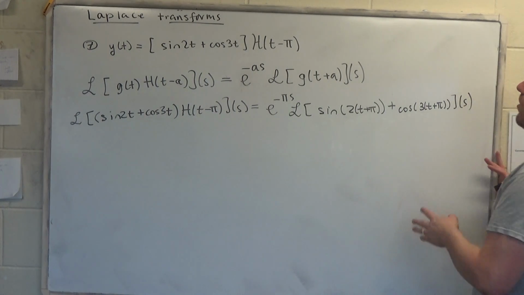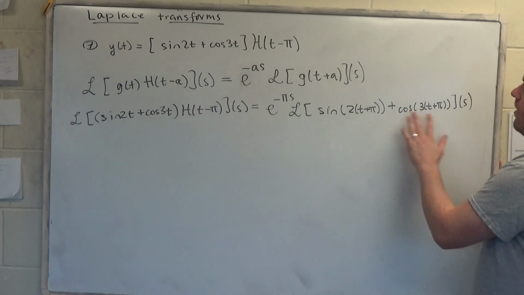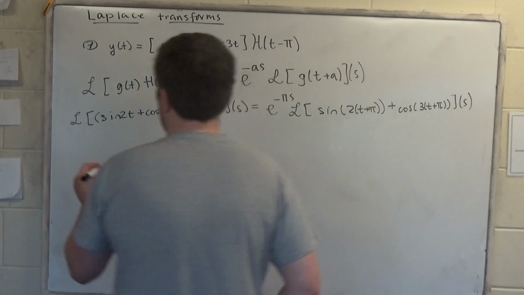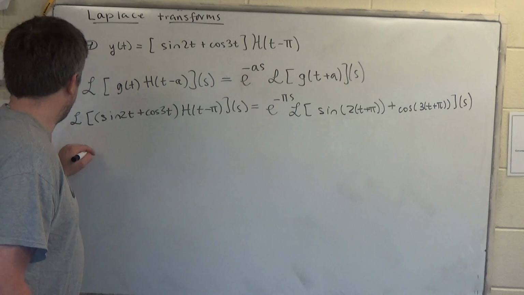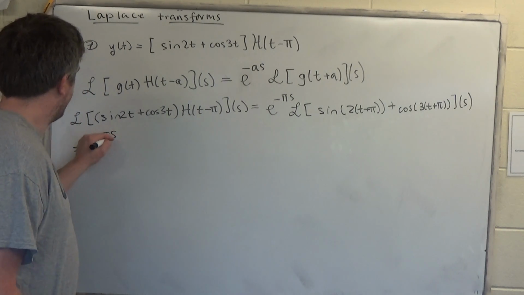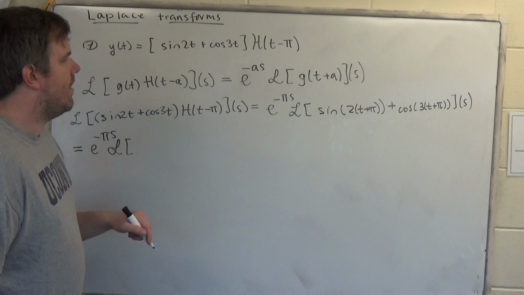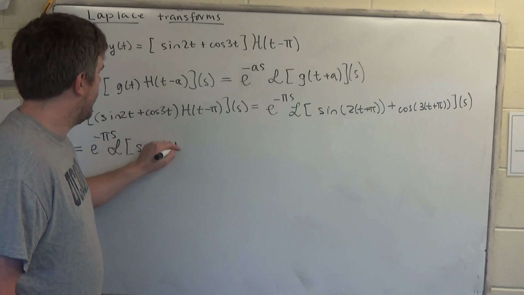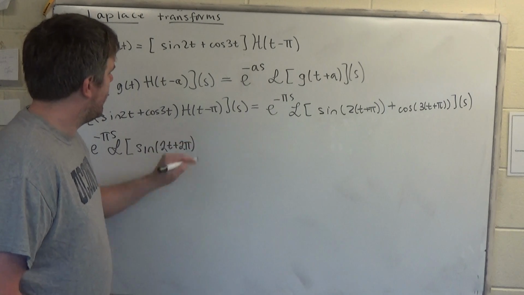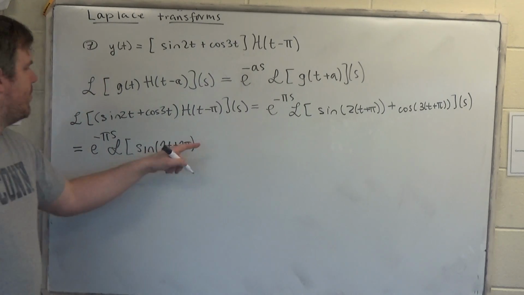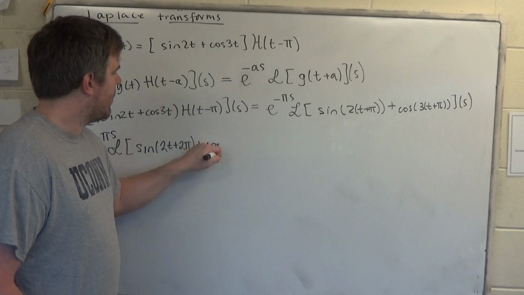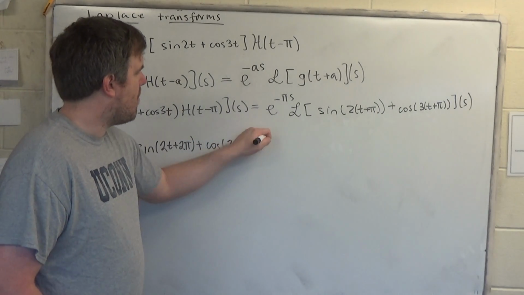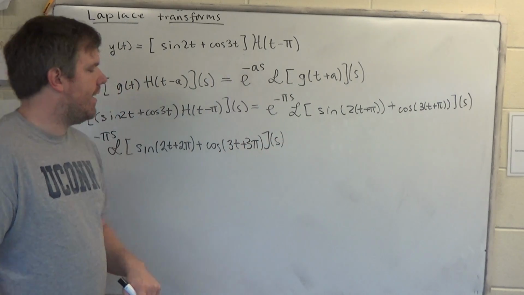And the rest of this problem is going to actually be figuring out the sine and cosine addition rules. So continuing to simplify here, distributing the 2 through, we get sine of 2t plus 2 pi plus cosine 3t plus 3 pi, evaluated at s.